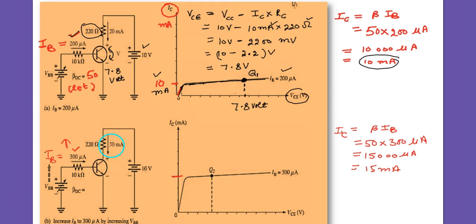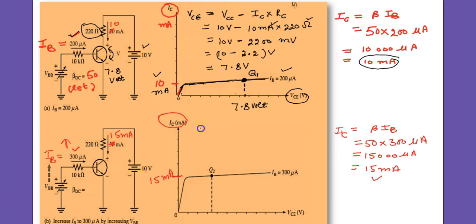First it was 10, now it is 15. So the collector current has increased to 15 milliampere.